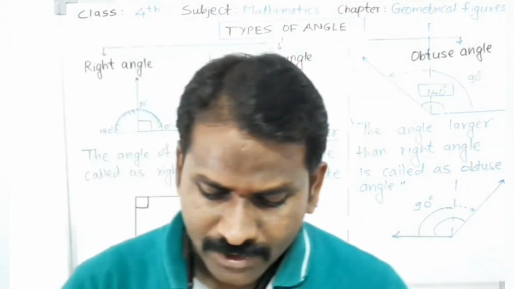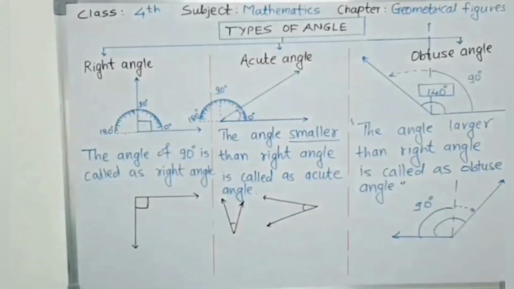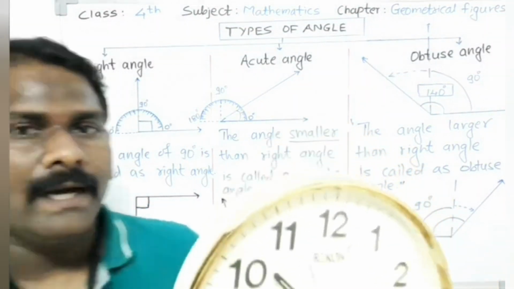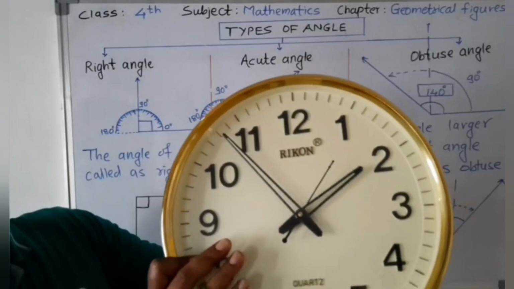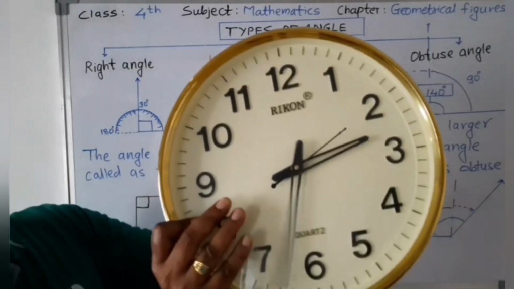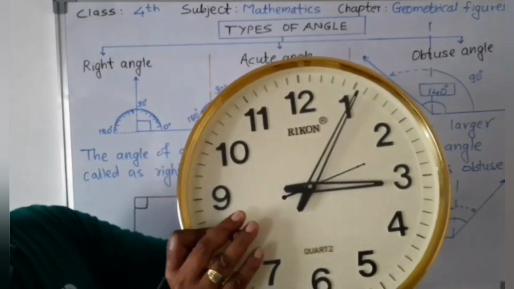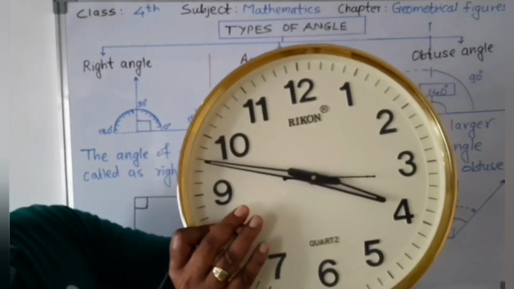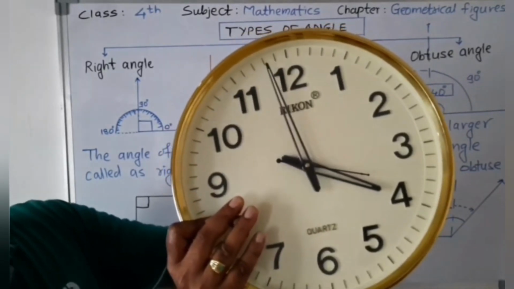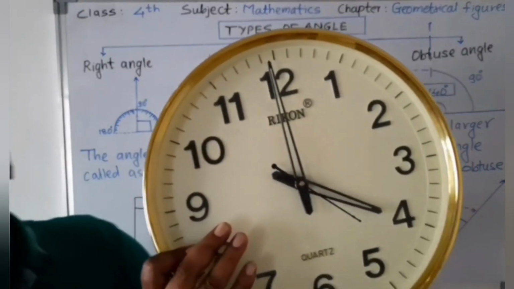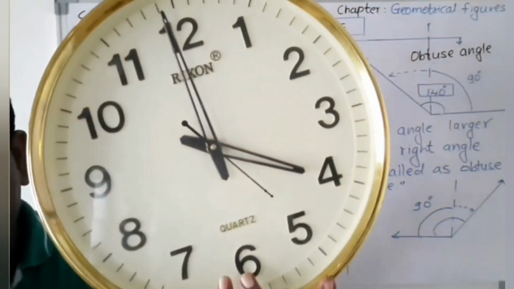So dear friends, I have a clock. So let's measure it with the help of this clock. When it reaches 4 o'clock or when it reaches 5 o'clock, even in those situations, the angle between hour hand and minute hand is the obtuse angle.